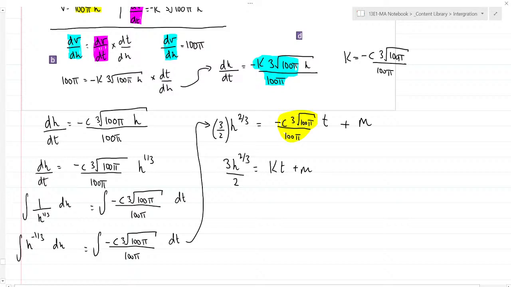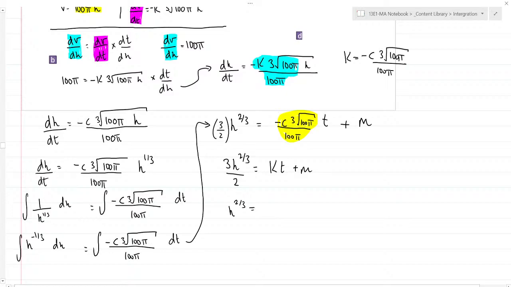Then I need to times up by 2, divide by 3. However, if I'm timesing constants by 2, it's just going to be another constant. If I'm dividing my constant by 3, it's just going to be another constant. So I end up with h to the 2 over 3 is equal to this same thing. They're going to be different constants. So I'm going to call them different constants.